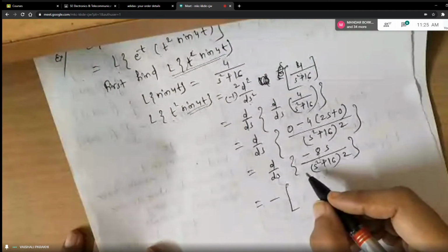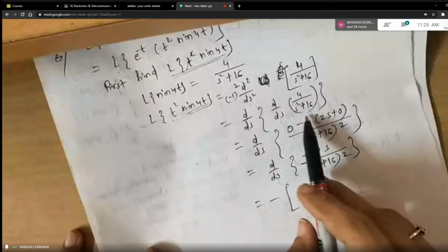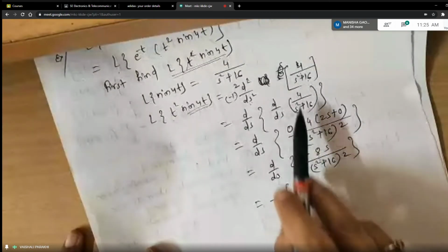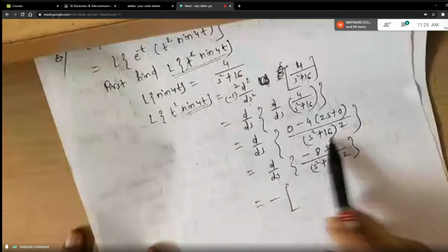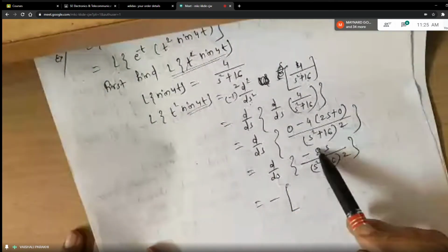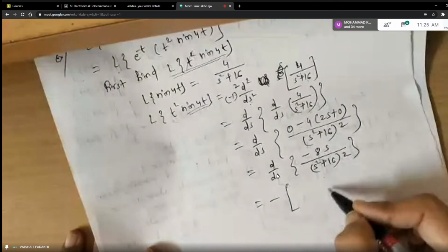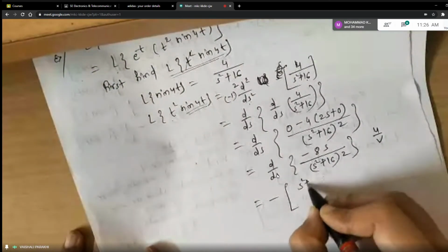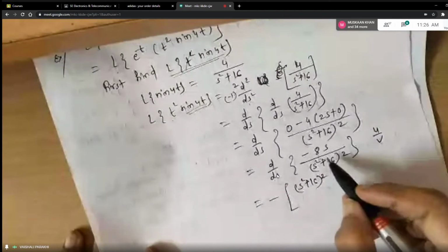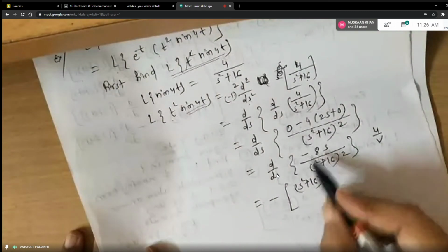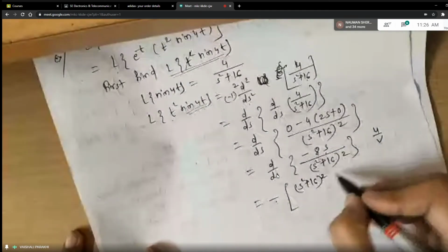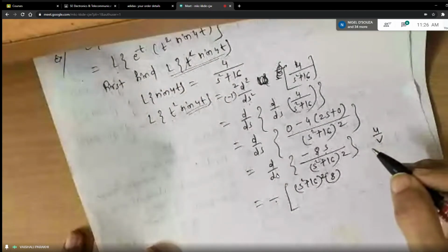I have done correctly, no? It is denominator into derivative of numerator minus numerator into derivative of denominator upon denominator square, correct. So 4 times 8s, the minus is taken out. So again the u by v formula, second time it is denominator. What is the derivative of 8s? The minus is taken out, students, so be careful here. Derivative of 8s will be 8, no? What is the derivative of 8x?